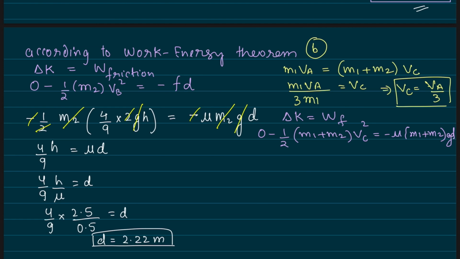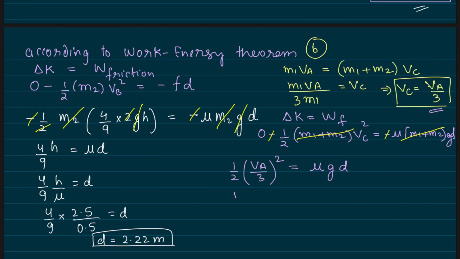Now mass terms cancel, negative and negative cancel. We will substitute the value of vc, which is va by 3, so 1 by 2 times (va by 3) squared is equal to mu g d.